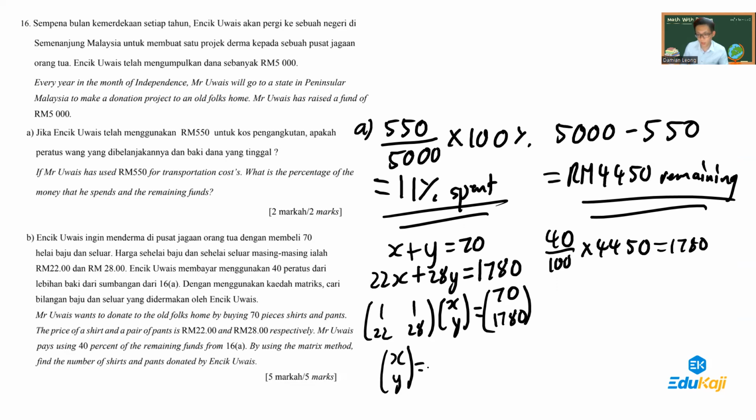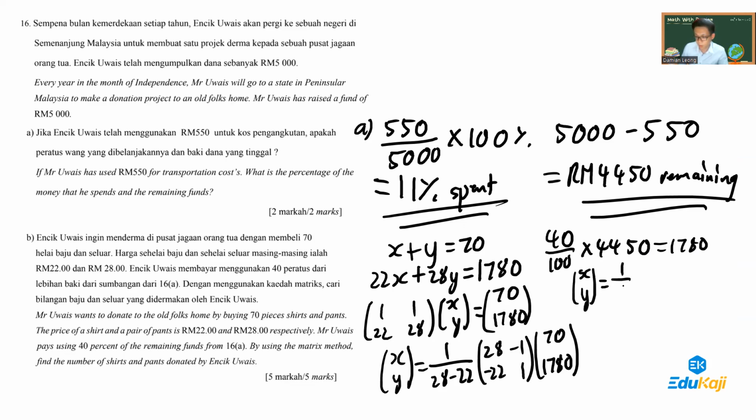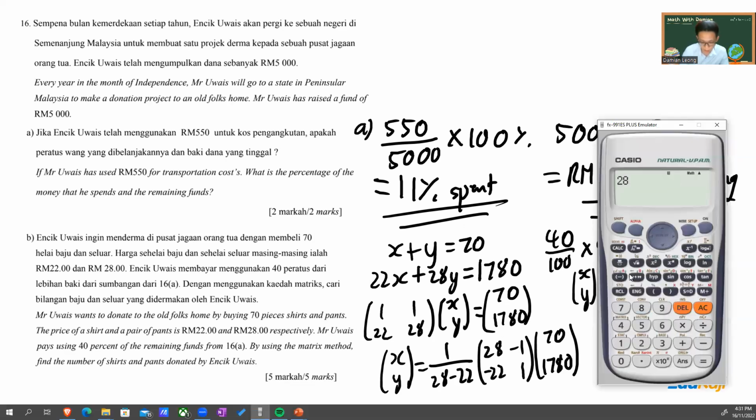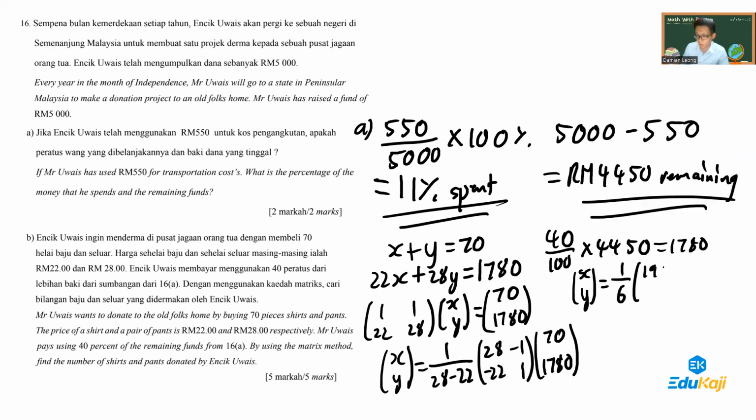So times the inverse of this, 1 over AD minus BC, 28 minus 22, switch A and D, negative B and C, times 70, 1780. So x, y equals 1 over 6 times 28 times 70, 1960, minus negative 1 times this, so minus 1780.